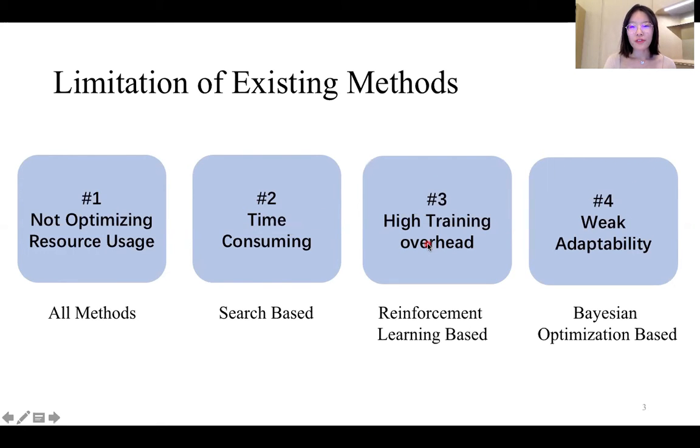Third, reinforcement learning-based methods usually take thousands of iterations to find an ideal configuration. The tuning overhead is high. Finally, Bayesian optimization-based methods are proved to be successful for tuning the performance, but existing work using Bayesian optimization has vague adaptability with different hardwares and workloads on the cloud.